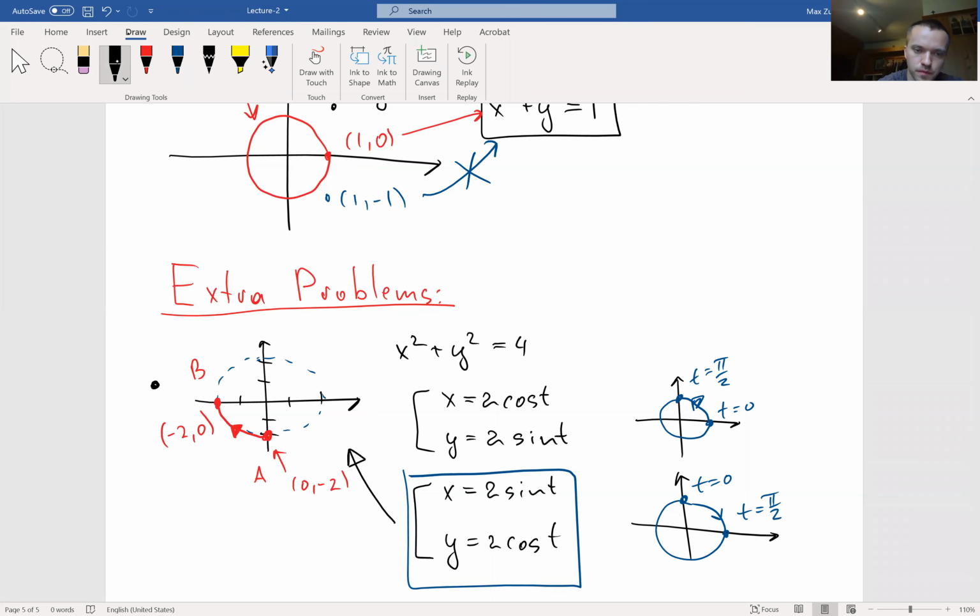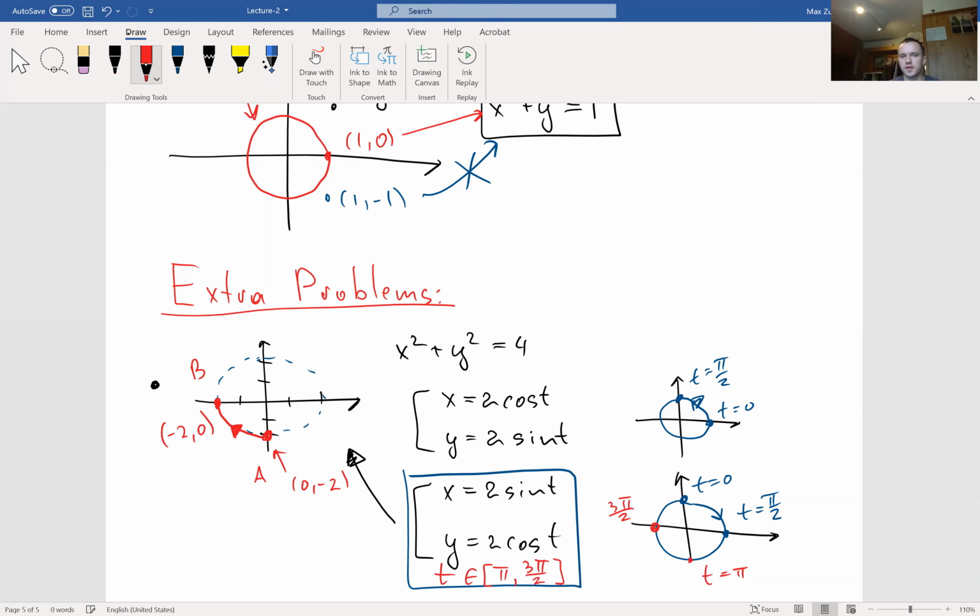To finish the problem, what do we need to specify? The range of t. Yeah, and so what is the range of t in this case? Perfect, yeah. From pi to, because if t is pi over 2, then the next t is going to be pi, and this is going to be 3 pi over 2.